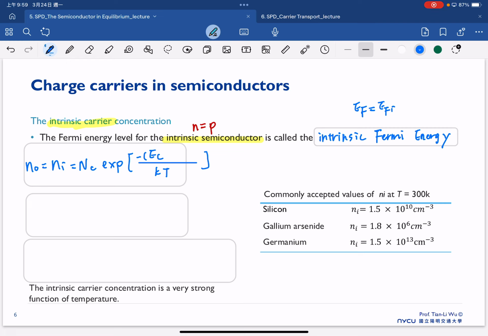So now we have EC minus EFI. So that's our equation to estimate the intrinsic concentration for the electrons. And in the same way, our P0 is equal to Pi. And because we now consider the intrinsic semiconductor, Pi is equal to Ni.